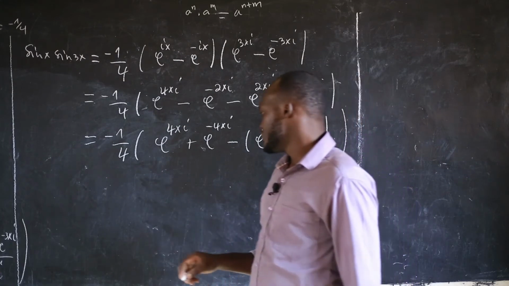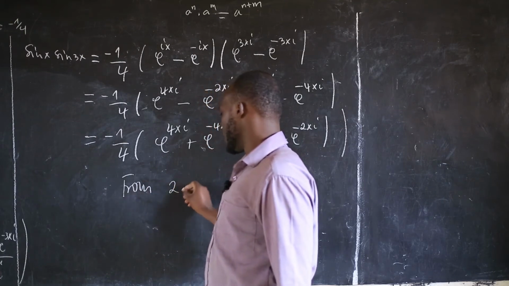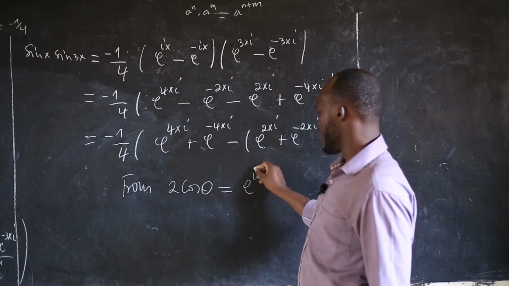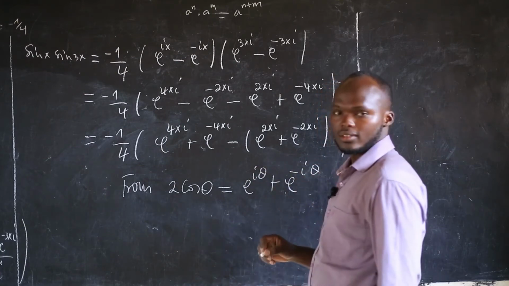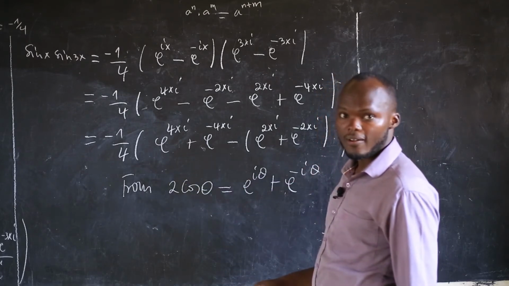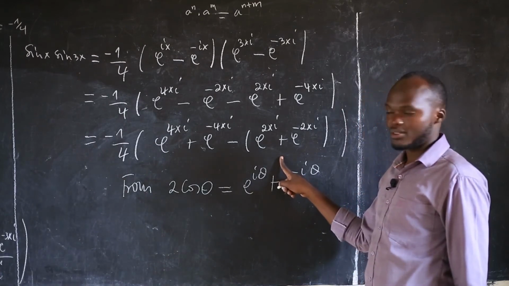So remember, 2 cos angle is the same as e^(i·angle) plus e^(−i·angle). Which means that this will be 2 cos 4x, and here it will be 2 cos 2x.